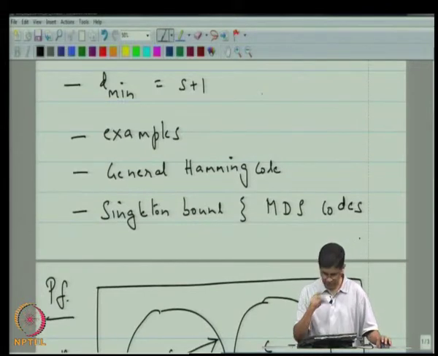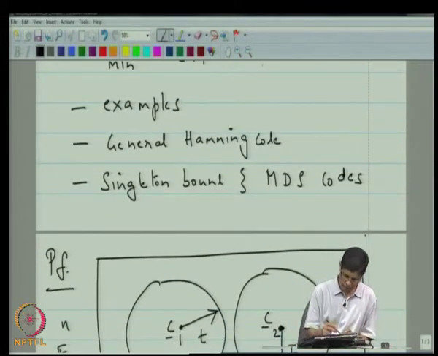And then towards the end of the last lecture, we were looking at the proof of the Hamming bound.